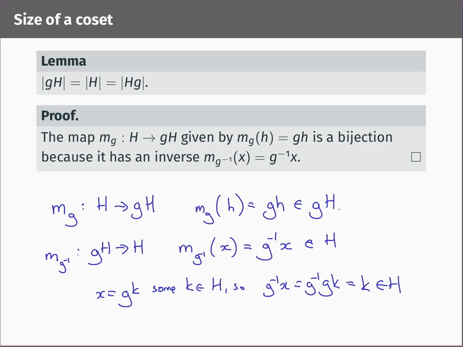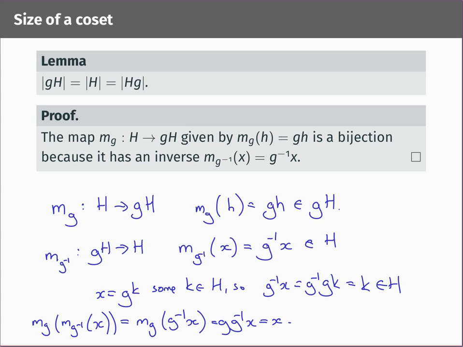And of course these things are inverses, because if you do M_g of M_g to the minus 1 of x, what do you get? You get M_g of g inverse x, and that's g inverse x, which is x again. So this composition, M_g composed with M_g inverse, is the identity on gH, because it takes x to x, no matter what x was.